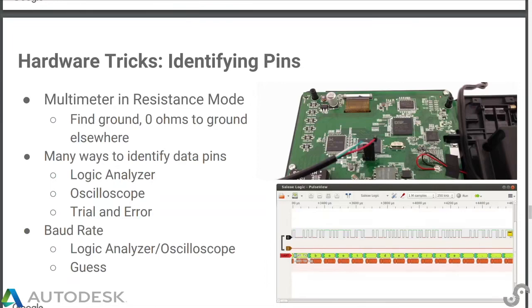The outside of a USB port, the metal chassis, is always grounded. So touch the multimeter probe to that end, and touch the other multimeter probe to each of the pins that you're investigating. And when you find 0 as the reading, 0 resistance, you know that you have found a pin that's connected directly to ground. So identifying the ground pin is usually straightforward. Identifying the rest of the pins can be a little tricky.